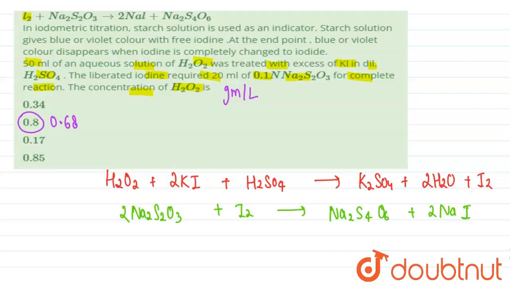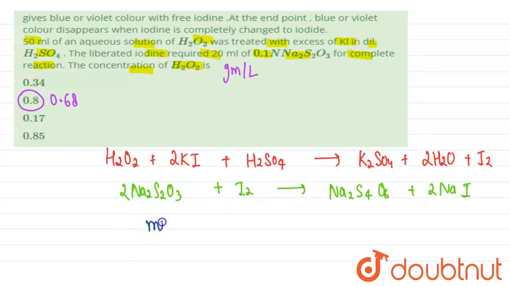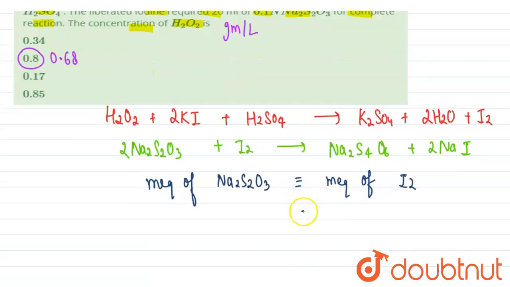As we can see from these reactions, milliequivalents of sodium thiosulphate will be equal to milliequivalents of iodine, and that will be equal to milliequivalents of hydrogen peroxide. With the help of that, we can calculate the milliequivalents of hydrogen peroxide.